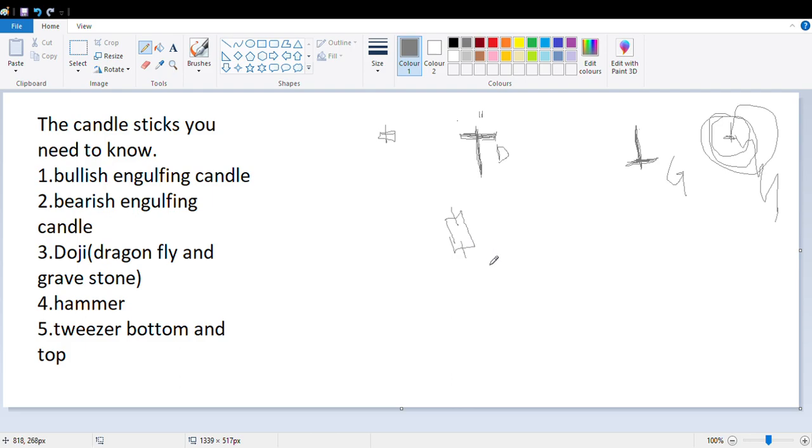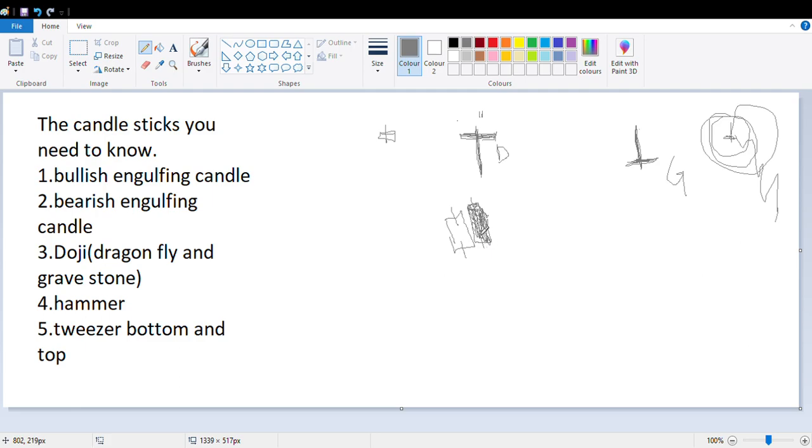So let's say this is our bullish candle, and this will be our bearish, not drawn to scale please. So this is our bearish candle, and then the other one is our bullish candle. So that's how the tweezer top looks like.